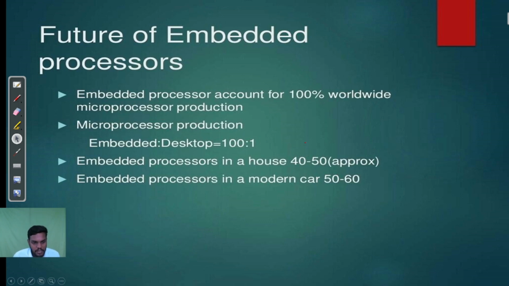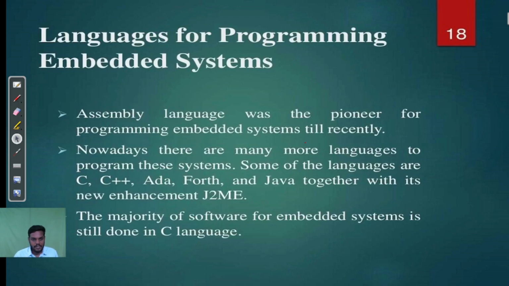Now for examples of embedded processors: a house has approximately 40 to 50, and a modern car has 50 to 60. These are the basic embedded processors used in particular applications.